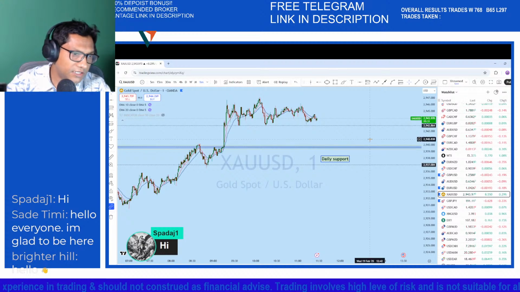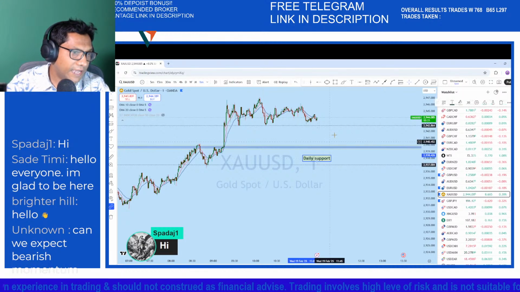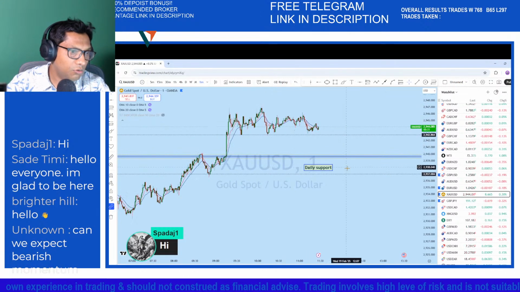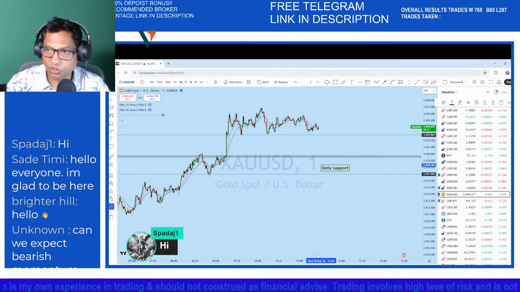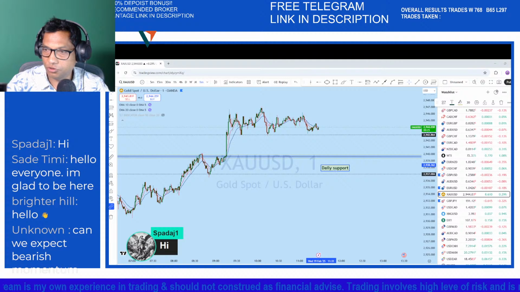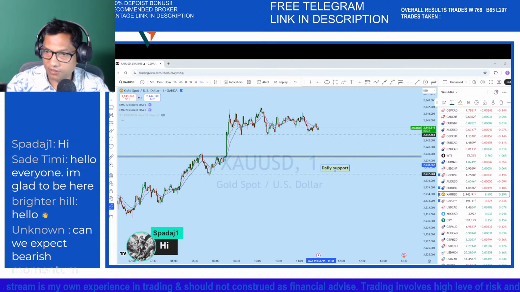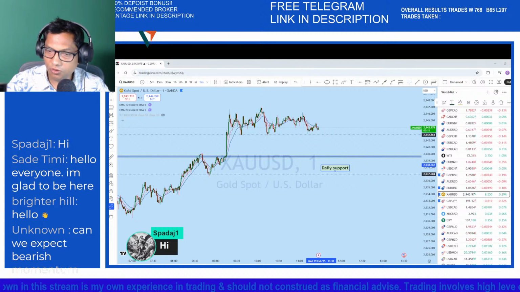So this is the daily support, and that's where we would like to see the market come and then give us that potential entry opportunity in this market. So this is the level that we will be looking at. Let's see where it is heading to.